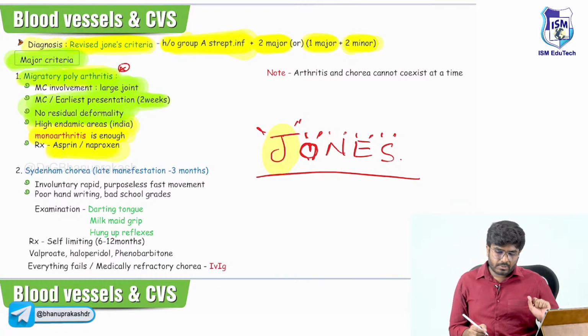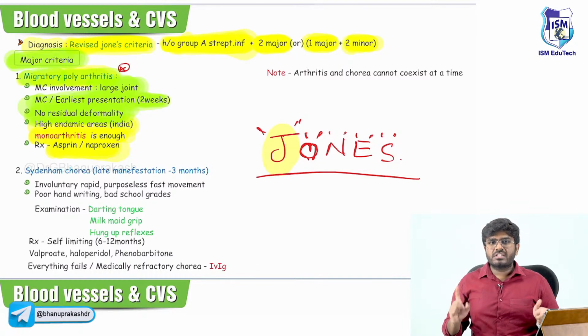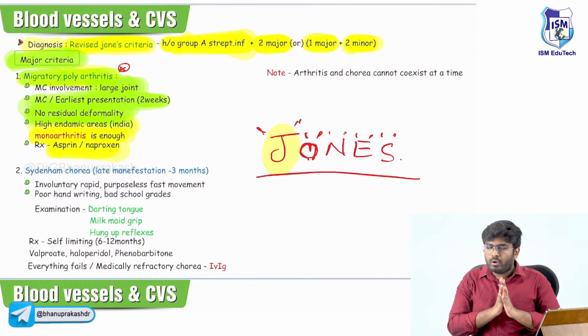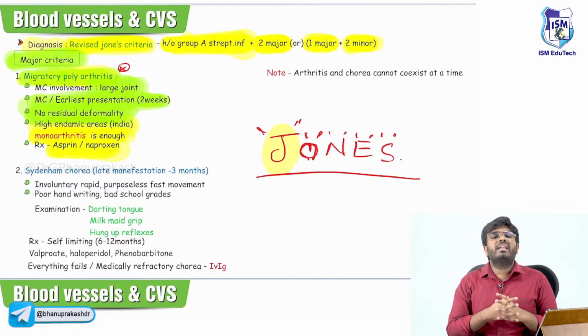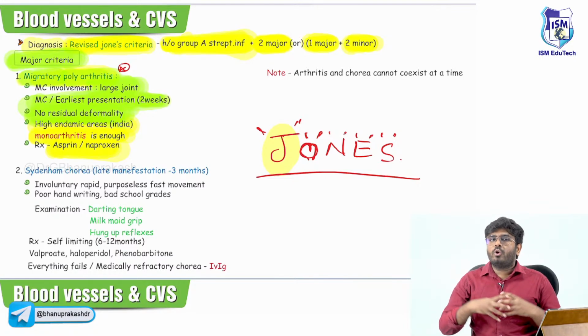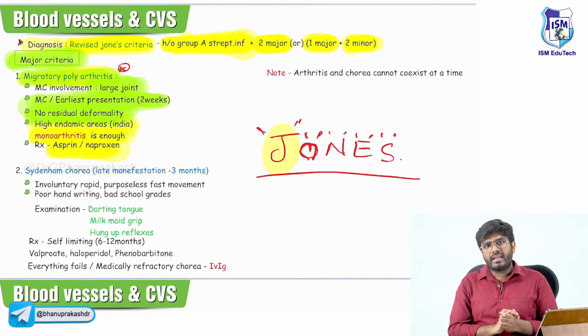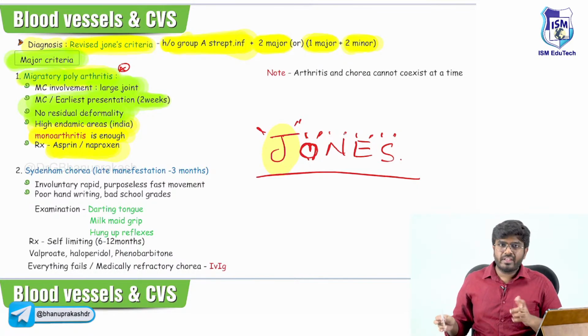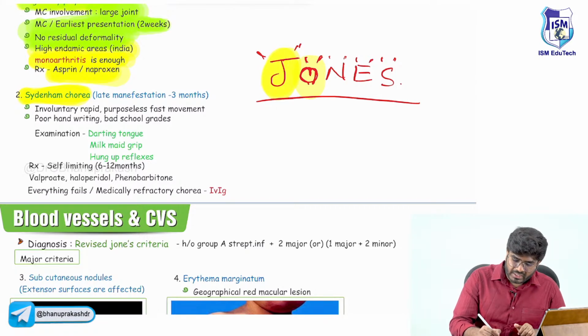The important points: migratory polyarthritis, multiple large joints involved, no residual deformity, non-erosive, the first symptom to appear. In high endemic regions like India, monoarthritis can be taken as a major criterion. Treatment is with aspirin. Next, Sydenham chorea. So J is completed, O is completed: joint involvement and pancarditis, cardiac involvement.